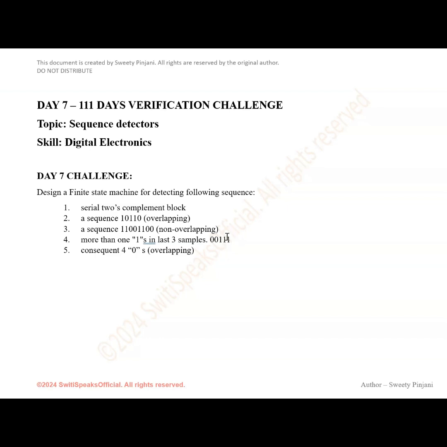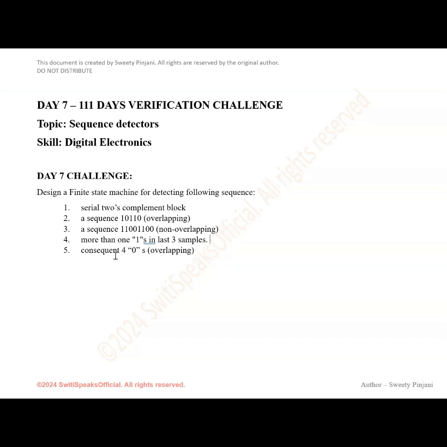Now even if it is this one, in the last 3 samples again you are getting more than one 1, which is 2 ones, so again here also the output should be 1. You have to write code to detect such a sequence.